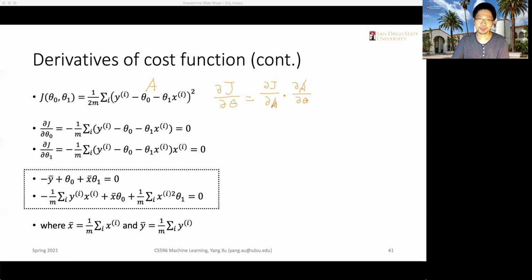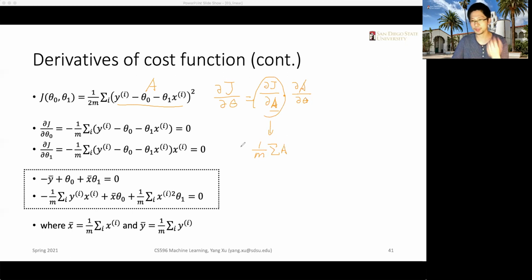So the previous point that we've been discussing is that if we treat this one as A as complete, then this will give us 1 over m sigma A, right?